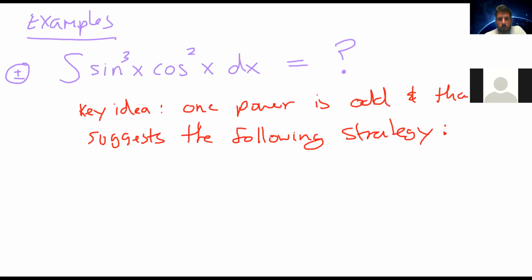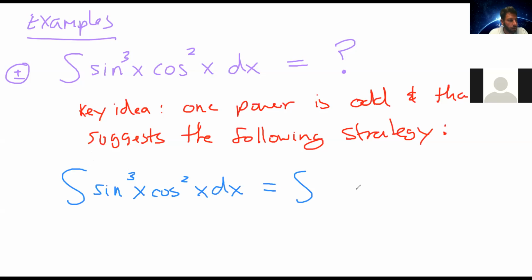So what I'm going to do is take my original integral, and I am going to take the odd power and write it as even power plus 1. So in that case, it's sine squared. And then I'm going to write the power 1 part over here.